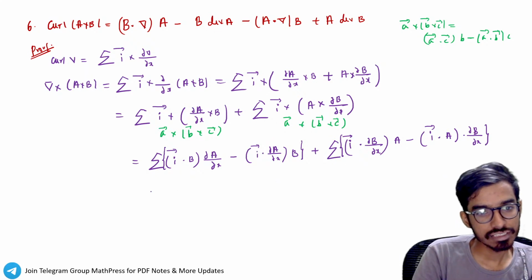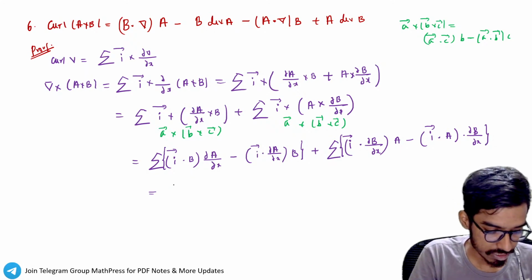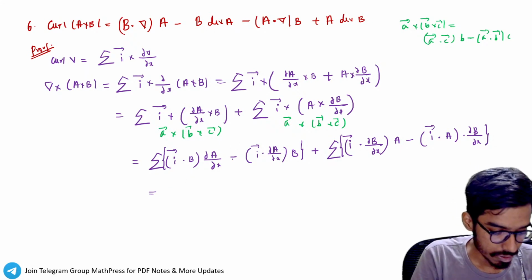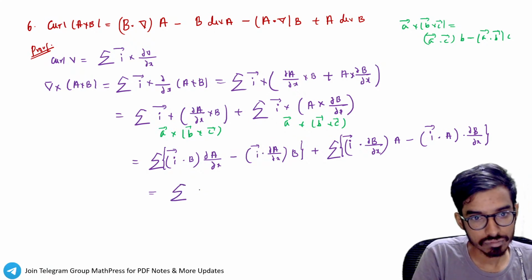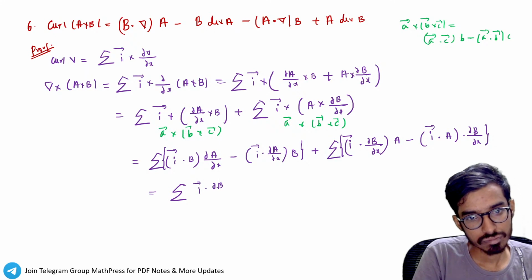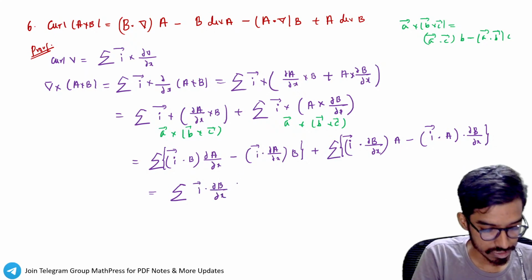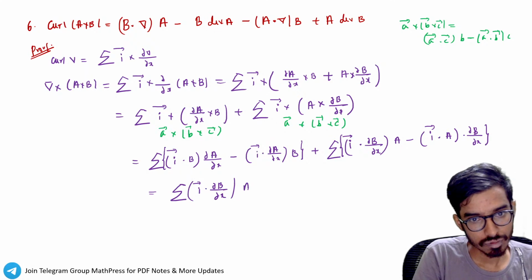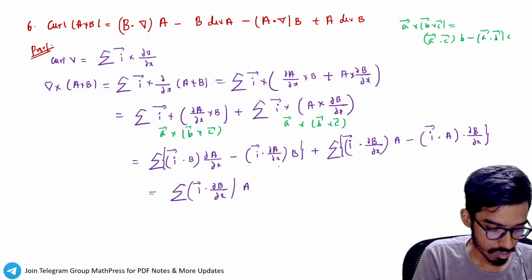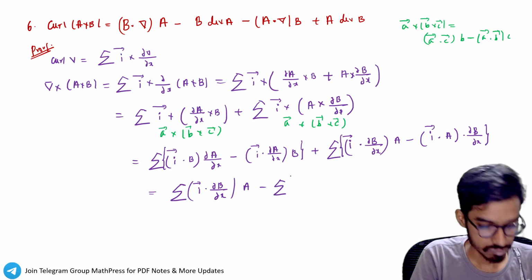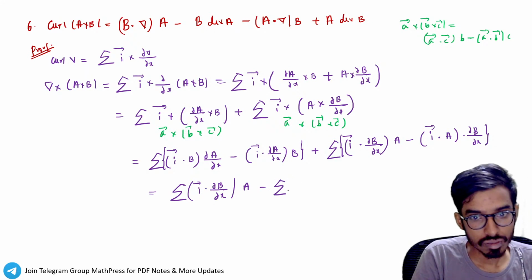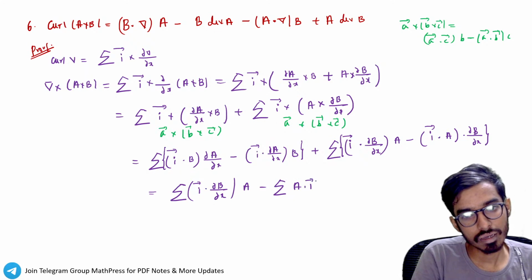Okay, so I'll just change the order here. This is same as summation i dot dou b by dou x into A minus summation A dot i dou b by dou x, right?